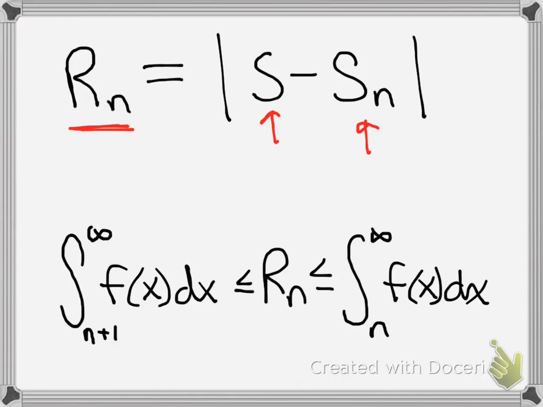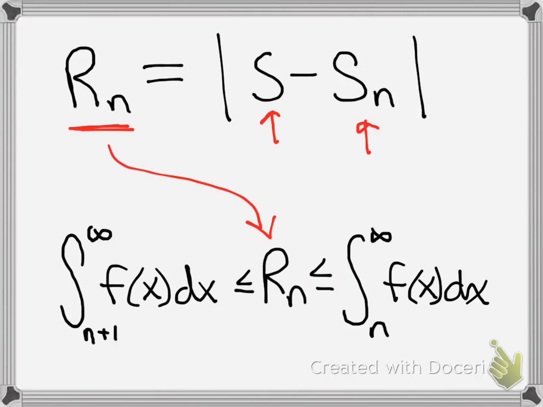Now, in our notes, we gave a quick visual description of where this inequality comes from down here. R sub n is trapped between two improper integrals.